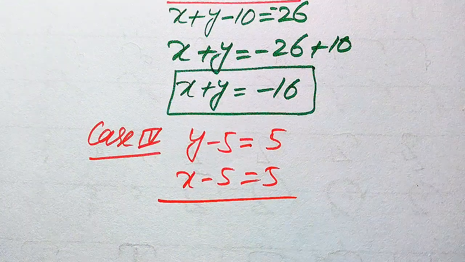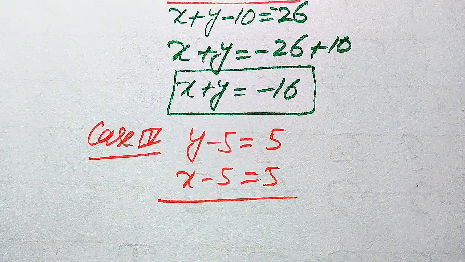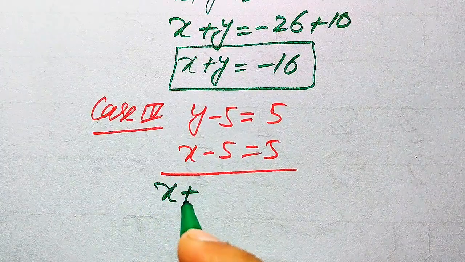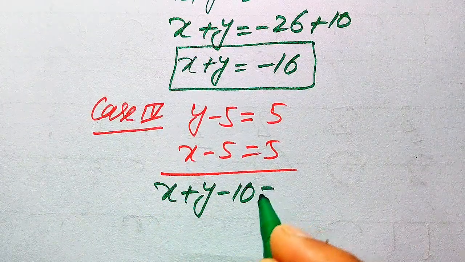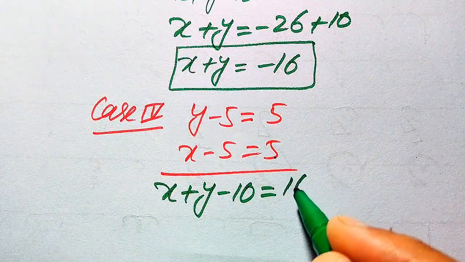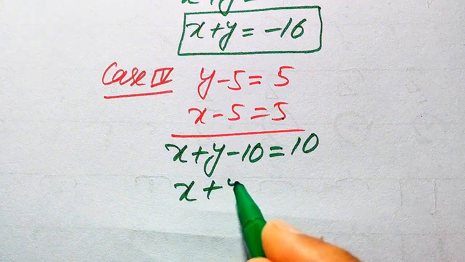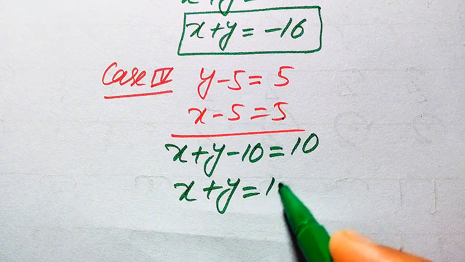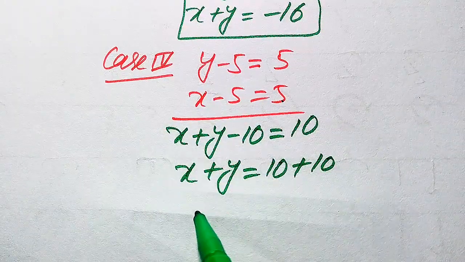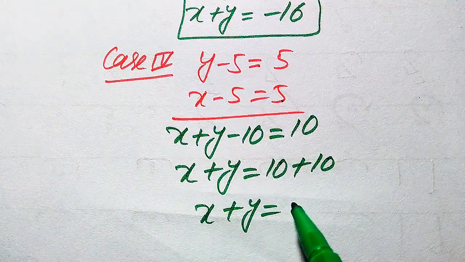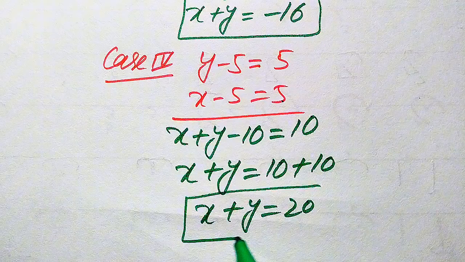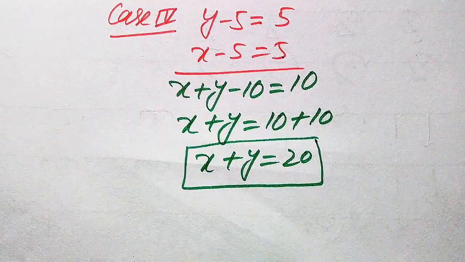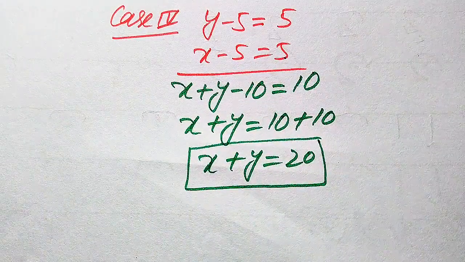So in this case we again sum up these two values, and we get x plus y minus 10 equals 5 plus 5, which becomes 10. So we get x plus y minus 10 equals 10. When we move it to the right hand side, it becomes plus 10. So we get 10 plus 10, and we have x plus y equals 20. So this is the third different value of x plus y.